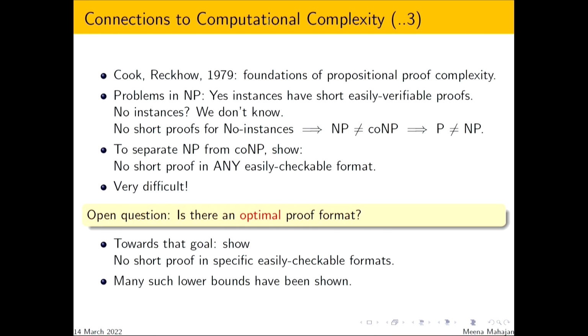If we fix specific formats, then there are many such lower bounds which have been shown. And these lower bounds, even though they are looking at specific formats, are quite valuable because in practice, systems are using these formats. So even though these results don't say that you will not have any short proof at all, they are saying that your systems will not find those proofs because they are using these formats where the statements are hard.